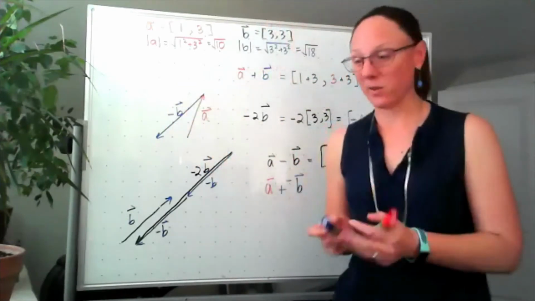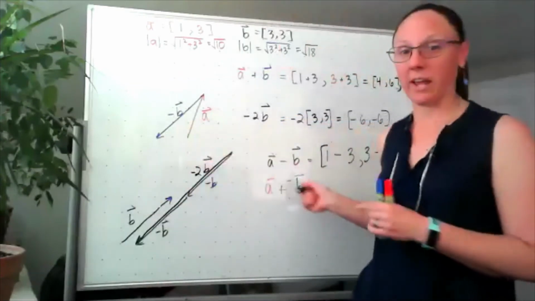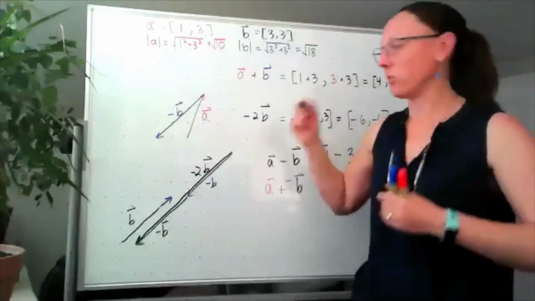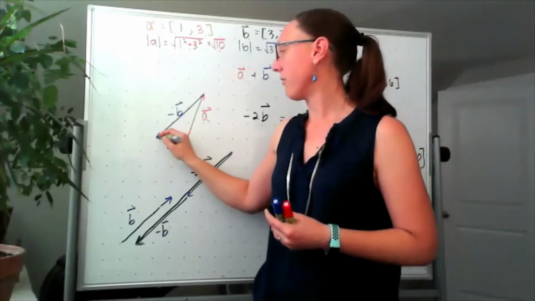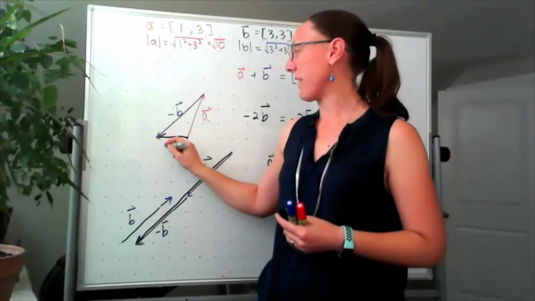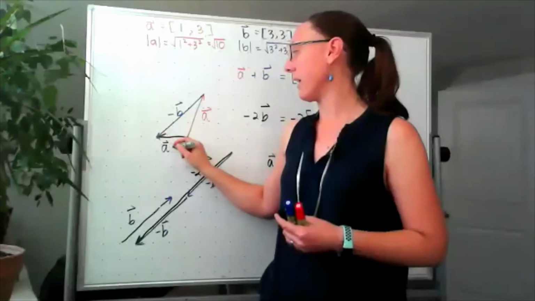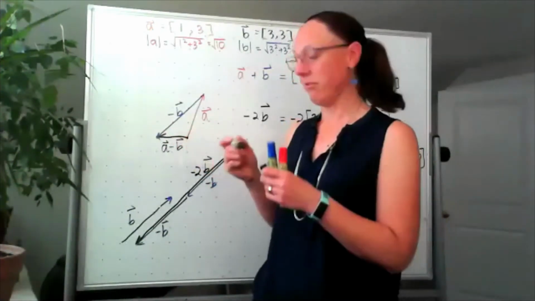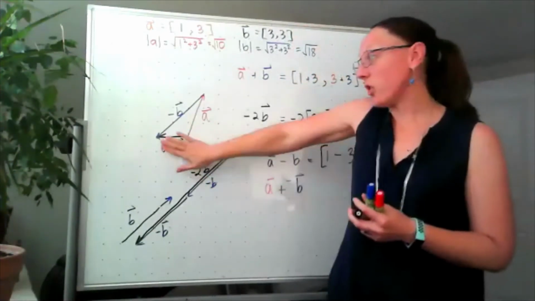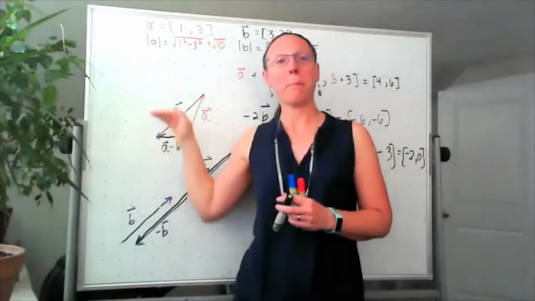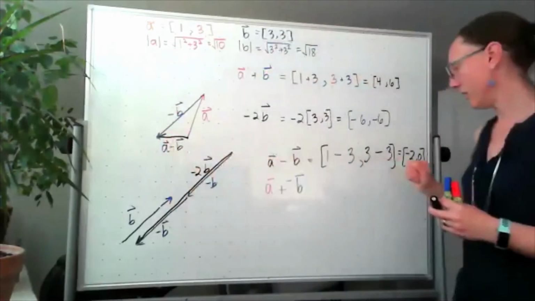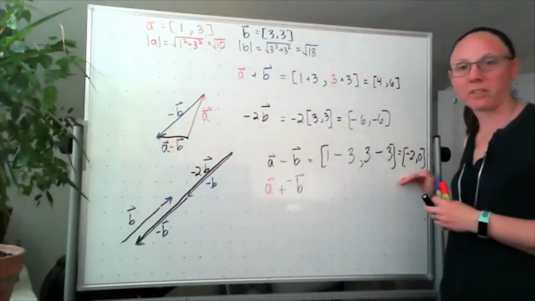And then if I add those two vectors the same way that we added these two, start at the tail of a and go to the head of b, then that vector right there would be my a minus b vector, which looking at it looks like I should go to the left, but not change in the y direction. That's consistent with what we got doing the arithmetic way.